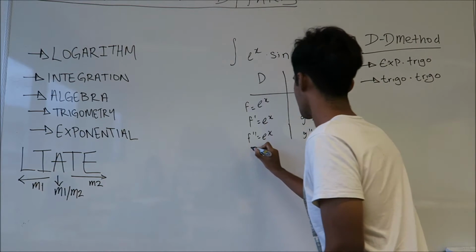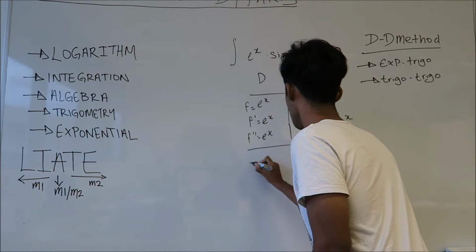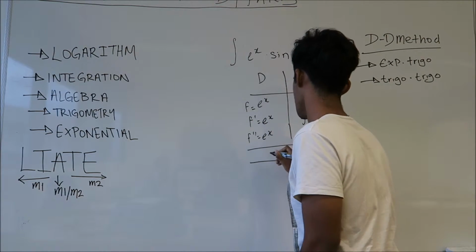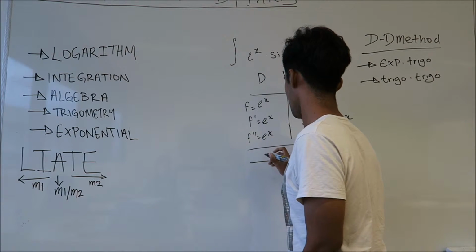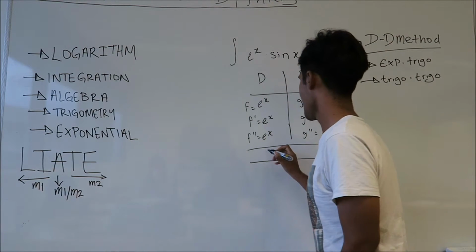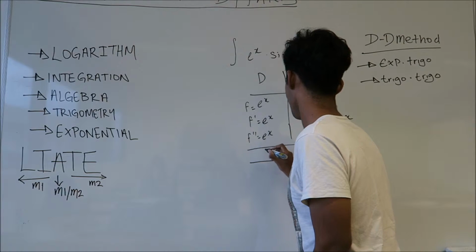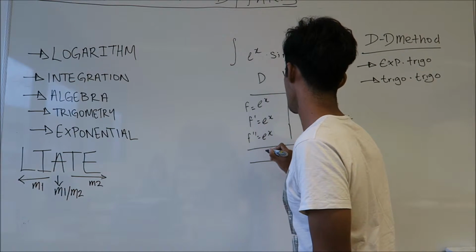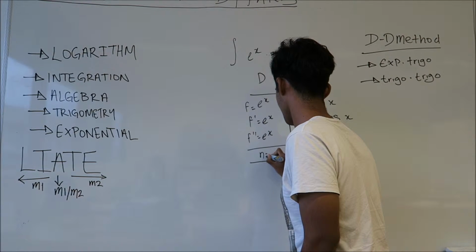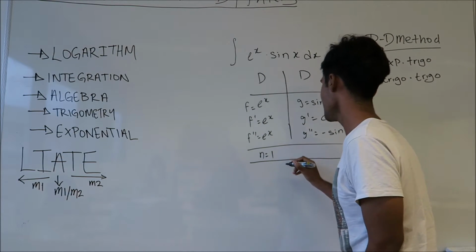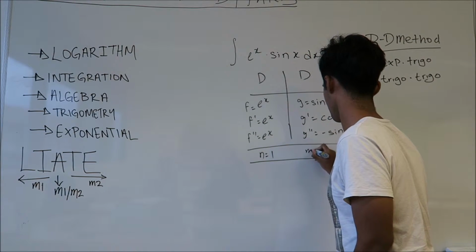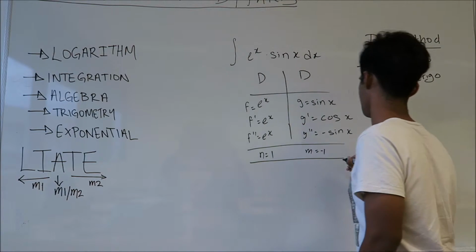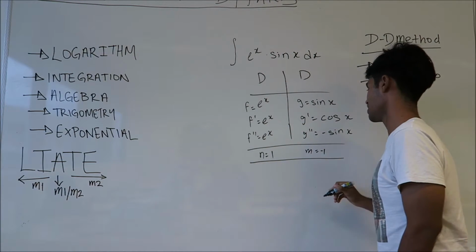From there, the next step is to take note of the coefficients of both functions. An important thing to note is that n always goes with f and that m always goes with g. So in this case, n equals 1 and m equals minus 1, according to the coefficients respectively.